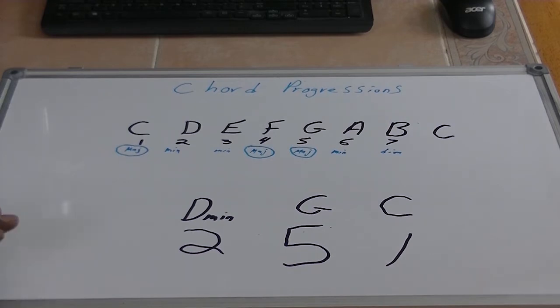I see the 2-5-1 as a standalone progression, and I'd like you to practice this. So that's the 2-5-1 chord progression. So those are a couple of examples of chord progressions using 3 chords.